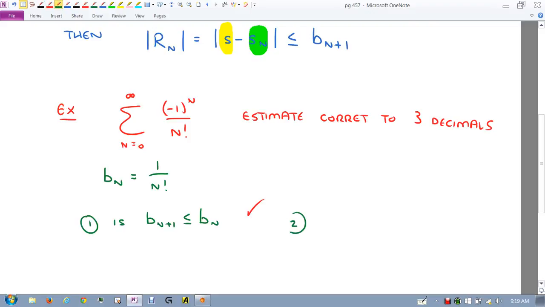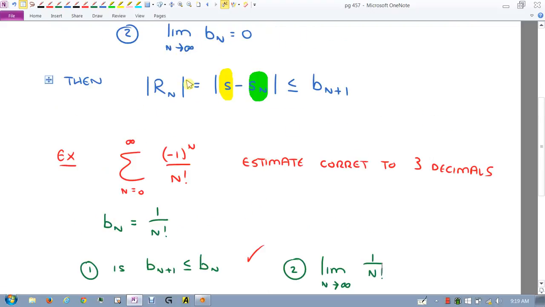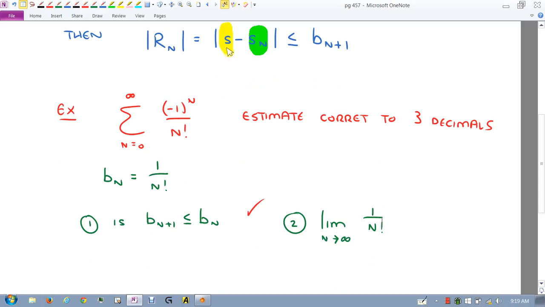The second thing is you need the limit as n goes to infinity of b sub n, which is 1 over n factorial, to be 0. That's the other condition that we need for this theorem. Is that true? As n goes to infinity, that goes to 0. So that's true.